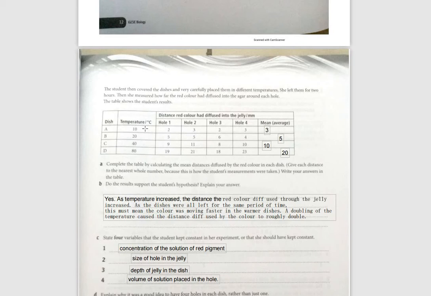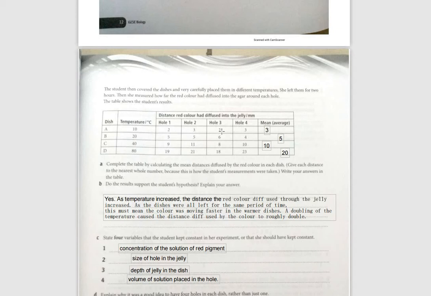So the distance the red color had diffused in the jelly: hole 1, hole 2, hole 3, hole 4. All these holes were kept under different temperatures.